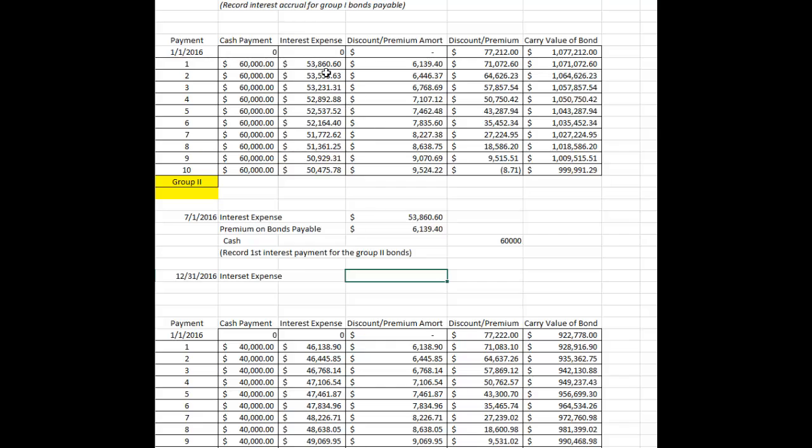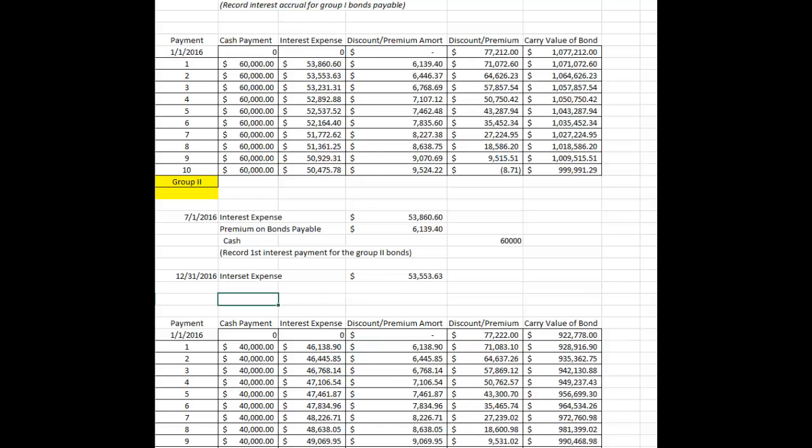Group 2 bonds vary. This is why having the amortization table is helpful. This is my next interest payment, and this is the amount of interest expense associated with that payment. This is the amount of interest expense that I get into the income statement in the current accounting period, which is 2016.